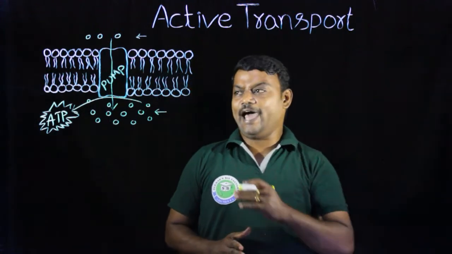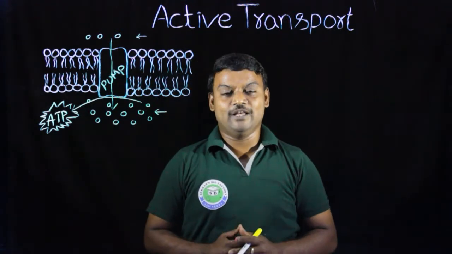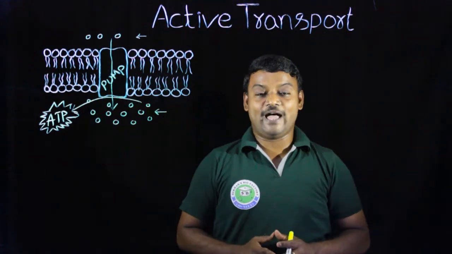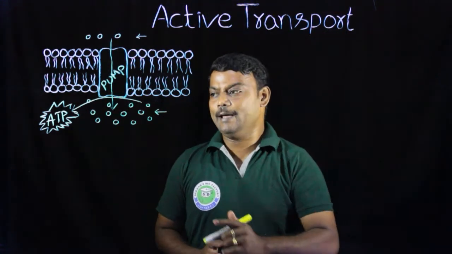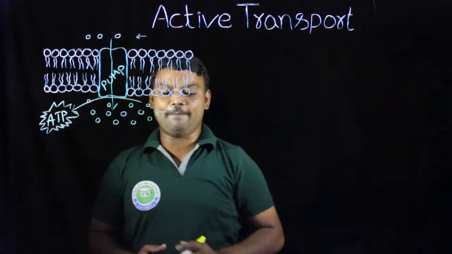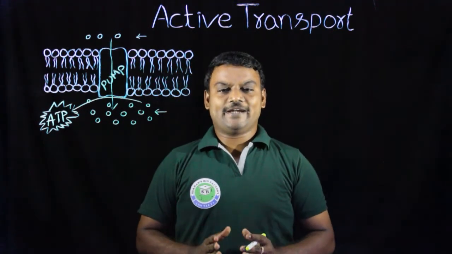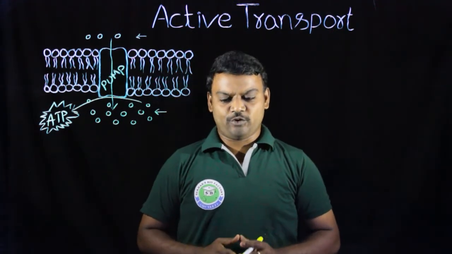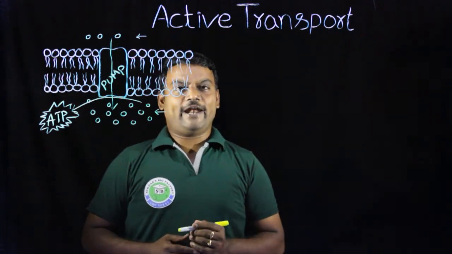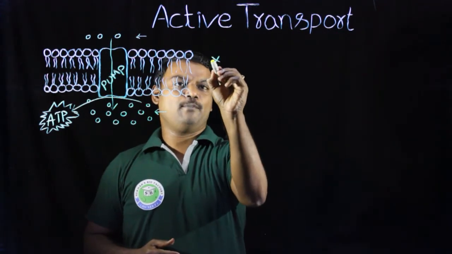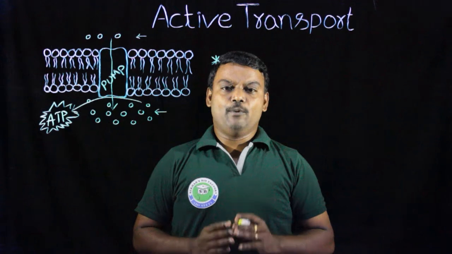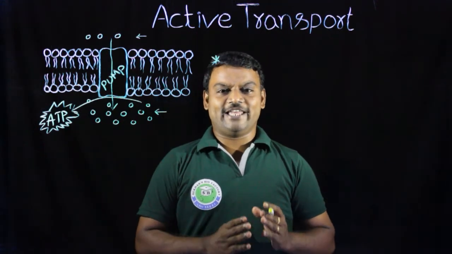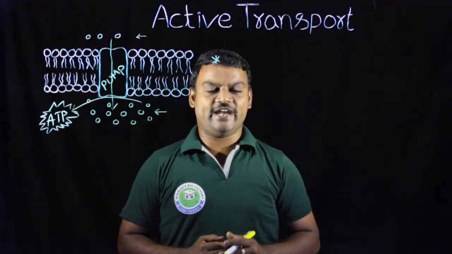In this way, active transportation takes place through pump proteins against the concentration gradient by the utilization of ATP energy. The main characters of active transport: the first, very most important point, is that the movement of molecules always takes place against the concentration gradient.